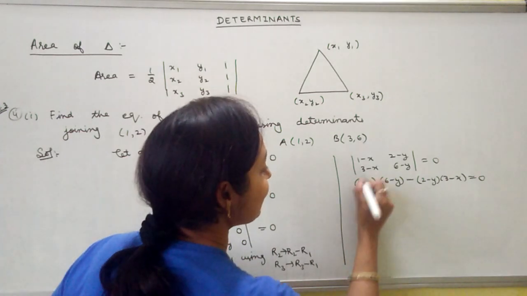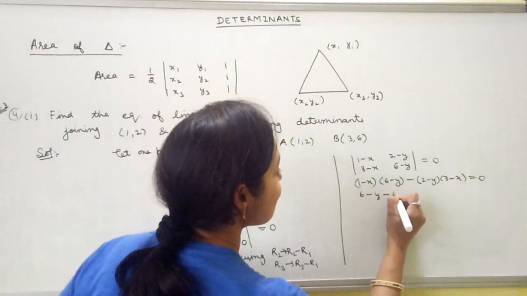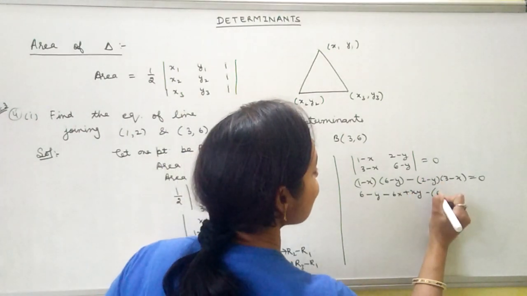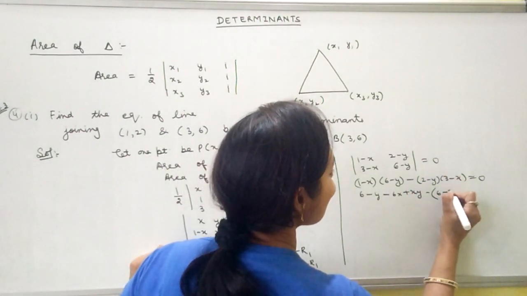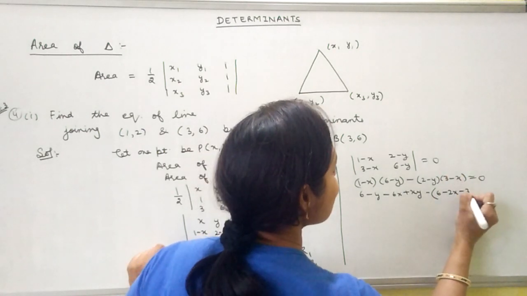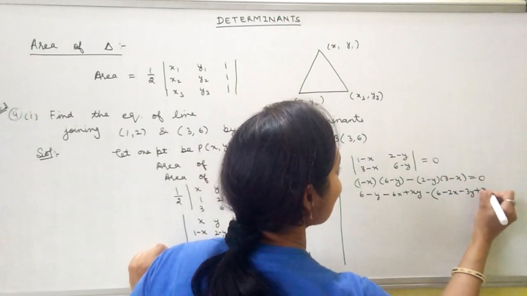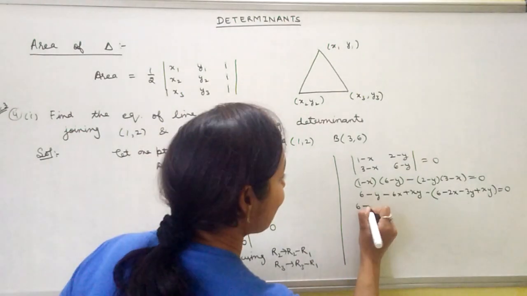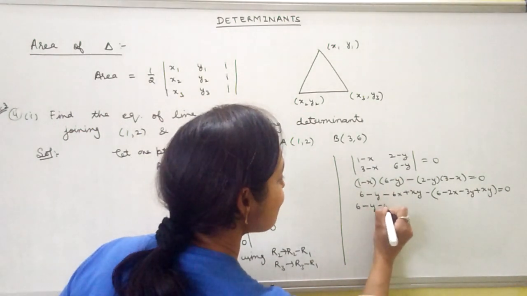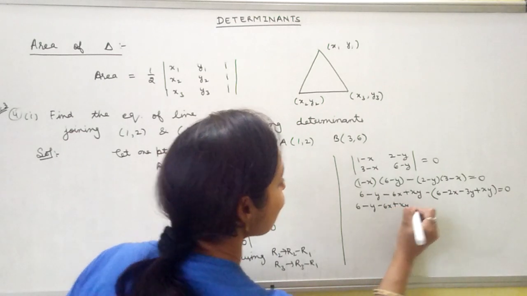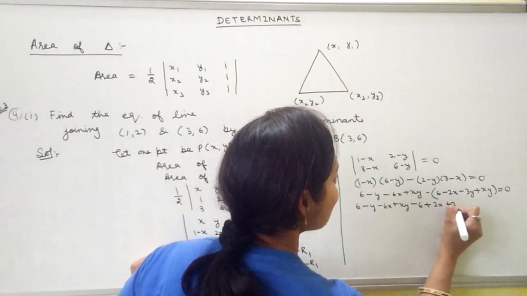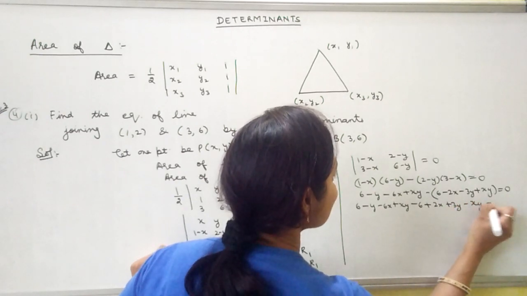So 6 minus y minus 6x plus xy, minus 6 plus 2x plus 3y minus xy equals 0.